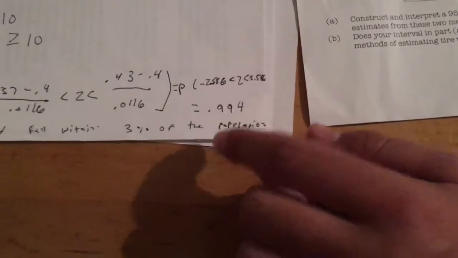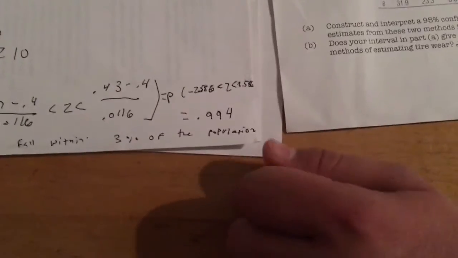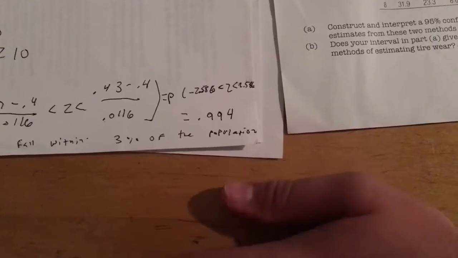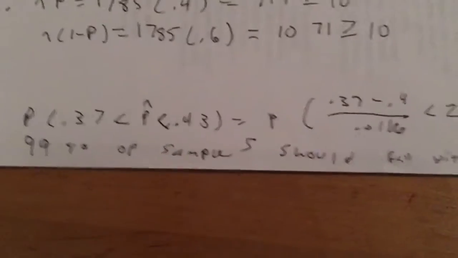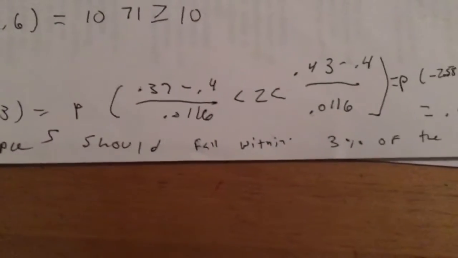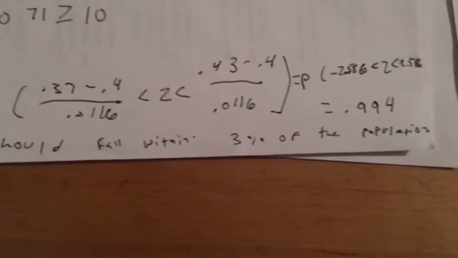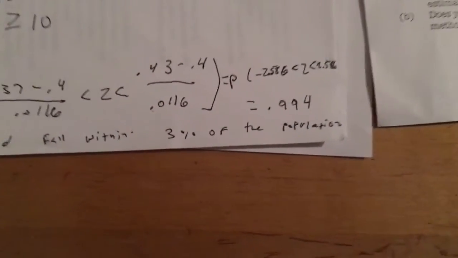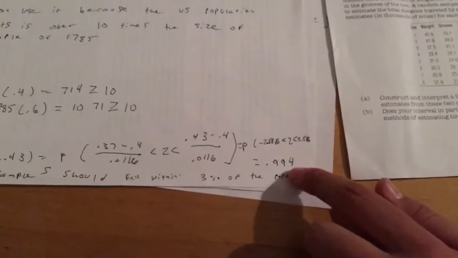You work those out and find that z is between negative 2.586 and positive 2.586. So about 99% of the samples will fall within 3% of the population proportion, with a probability of over 0.994.